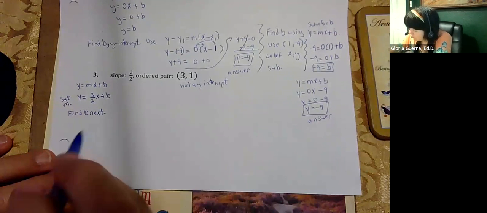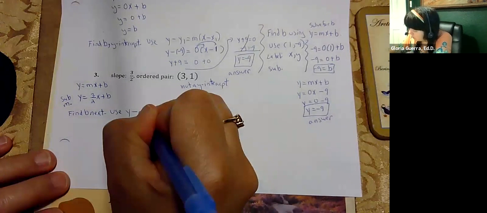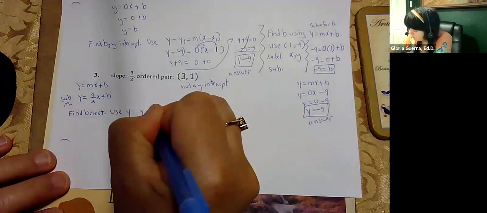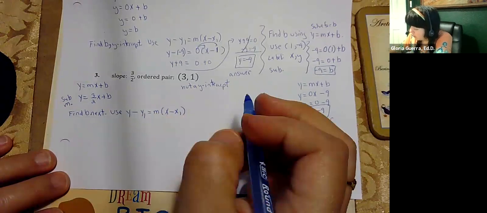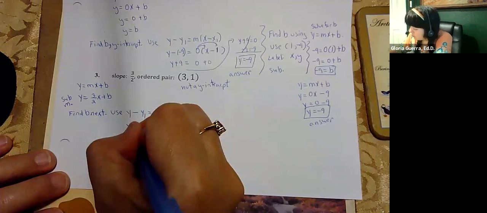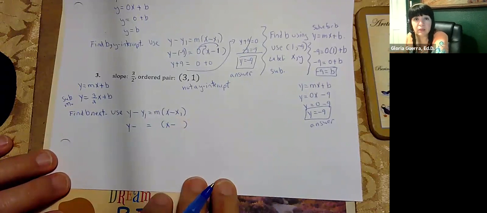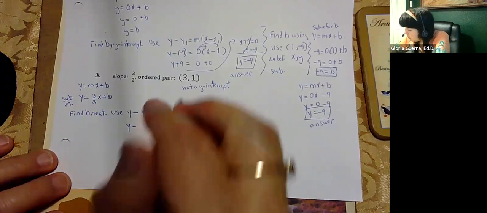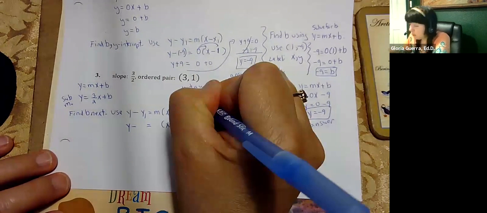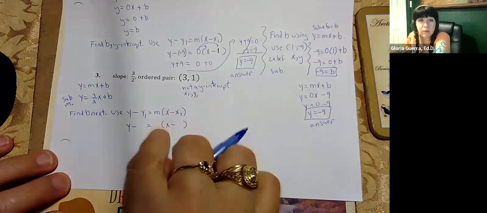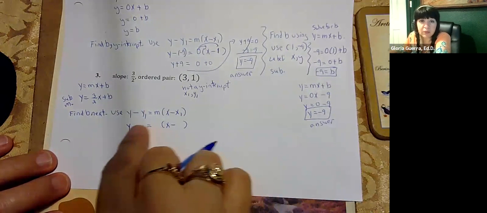I'm going to use y minus y1 equals m times x minus x1. And remember, in this formula, the y is fixed and the x is fixed.